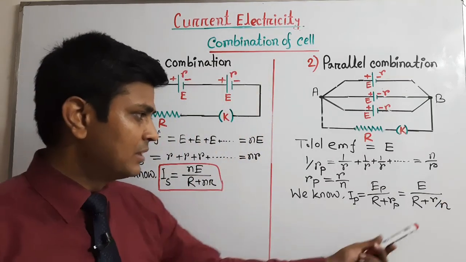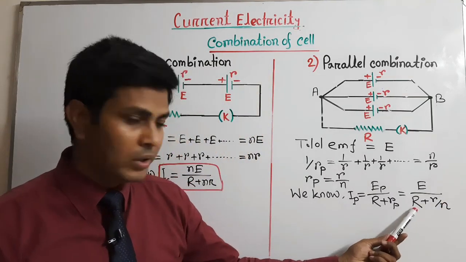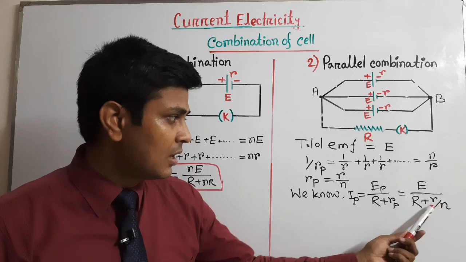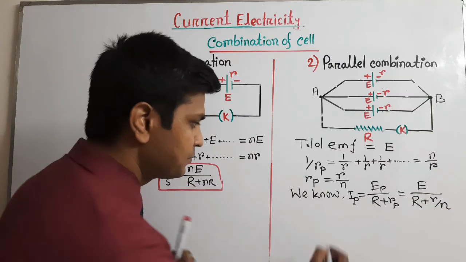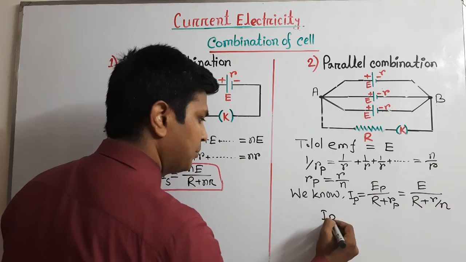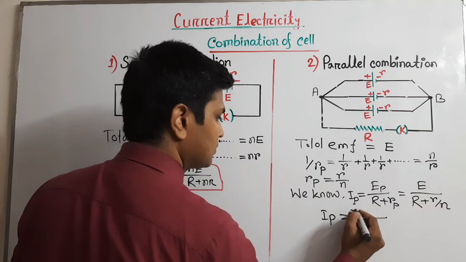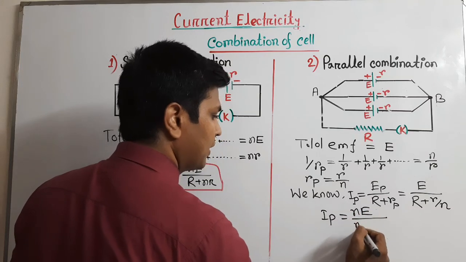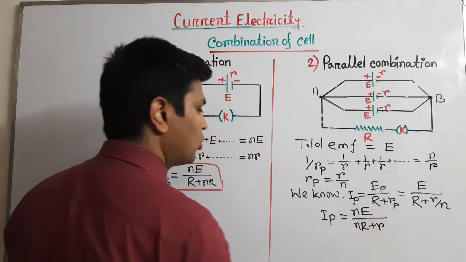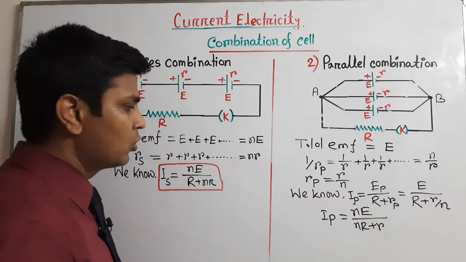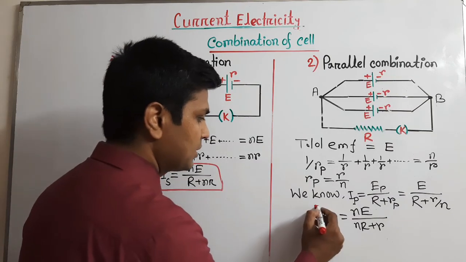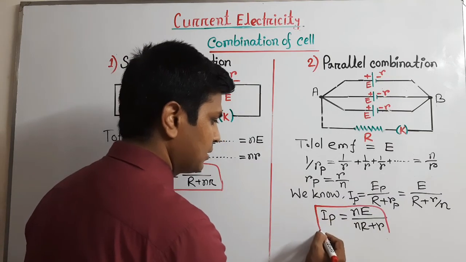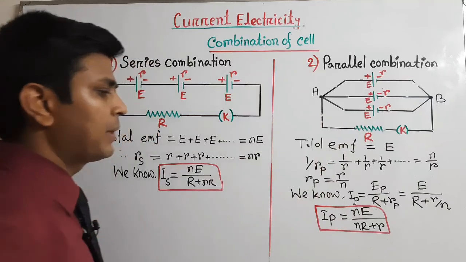Now, if we simplify this equation, taking the LCM of these two expressions, we can write Ip equals nE divided by nR plus small r. So this is the formula to calculate the current in case of the parallel combination.